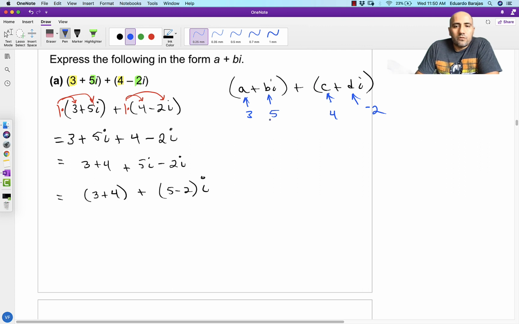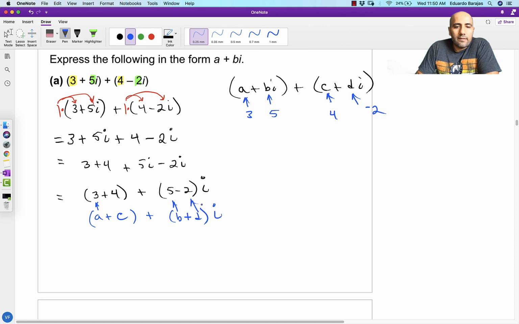Okay, so doing that, we can see that the formula is to add the real part, so it'll be the 3 plus the 4, right? This is the a plus the c, plus, and then the 5 is the b plus the d, i.